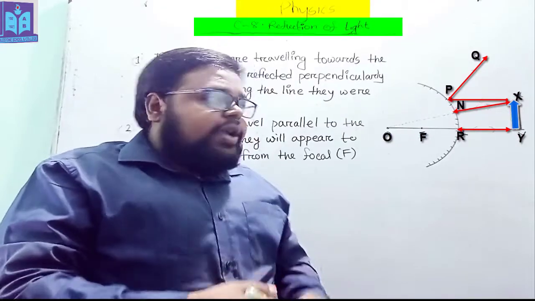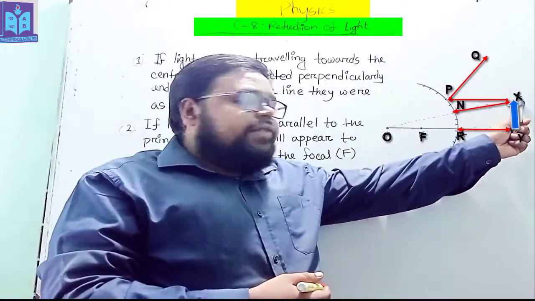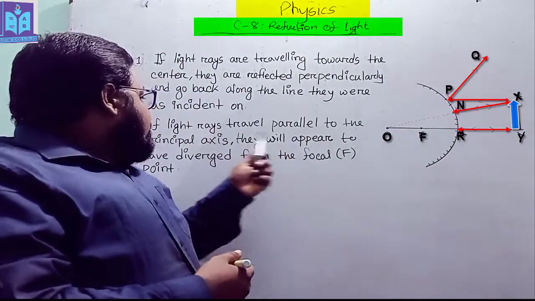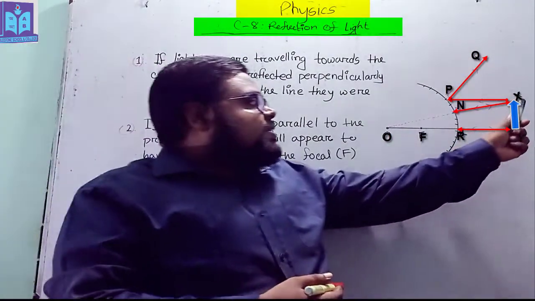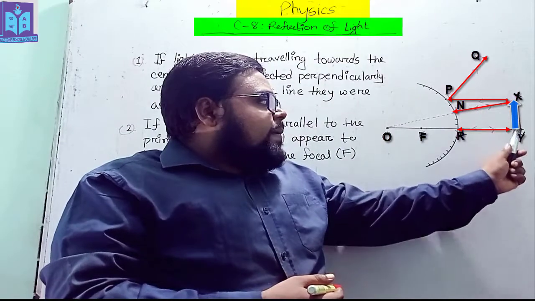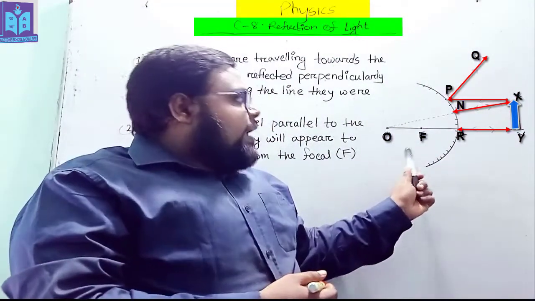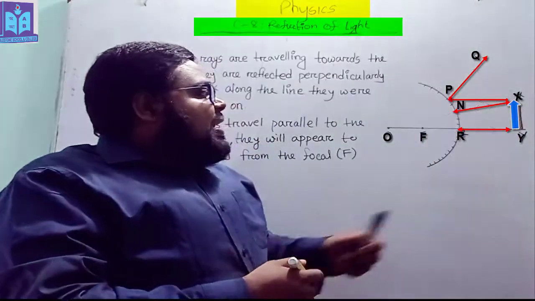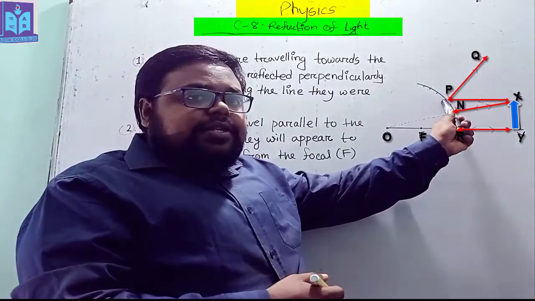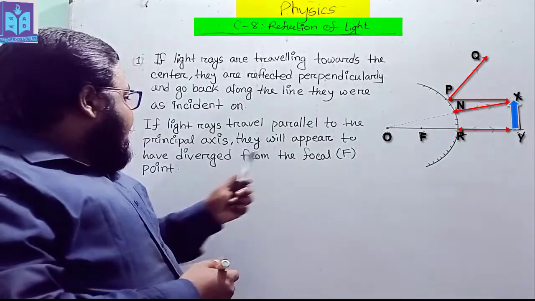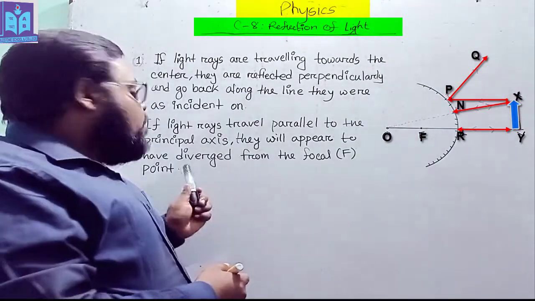For the second ray, when the light is traveling from the X point and parallel to the principal axis, that means the incident ray will be parallel to the principal axis OY. Then the incident ray will be incident on the P point, and then according to the second law, it will appear to have diverged from the focal point.